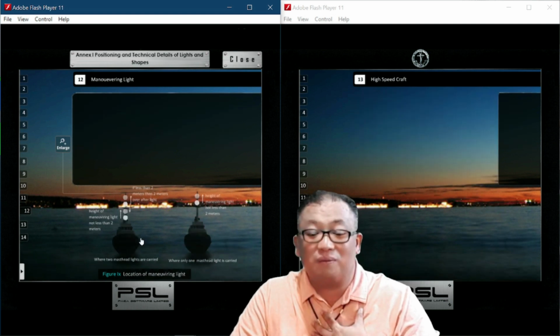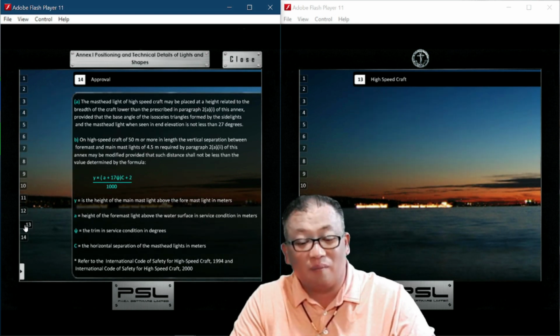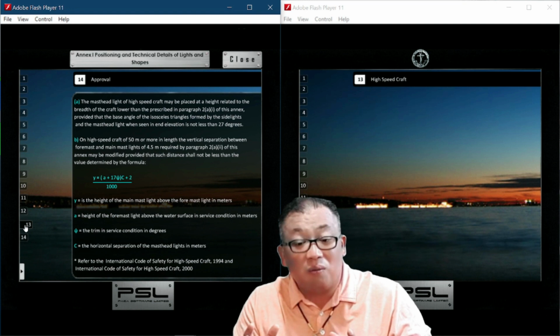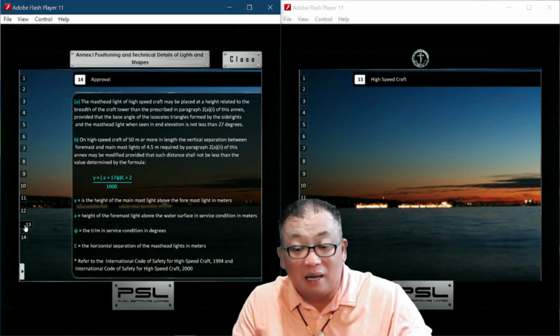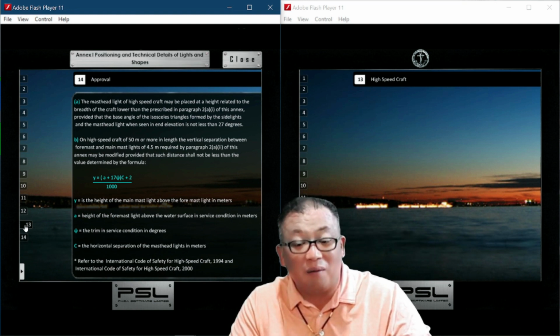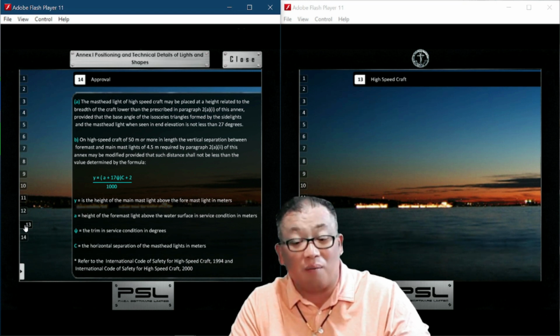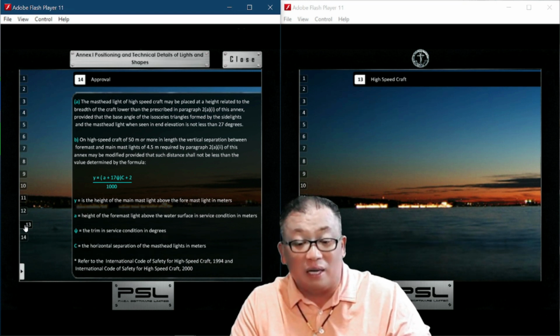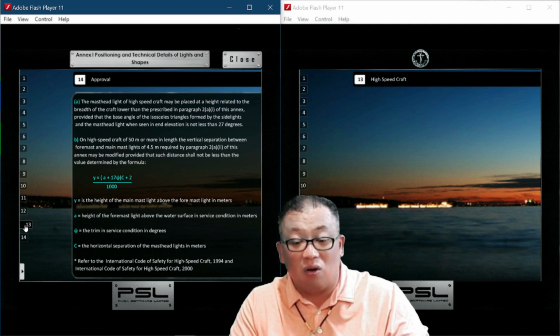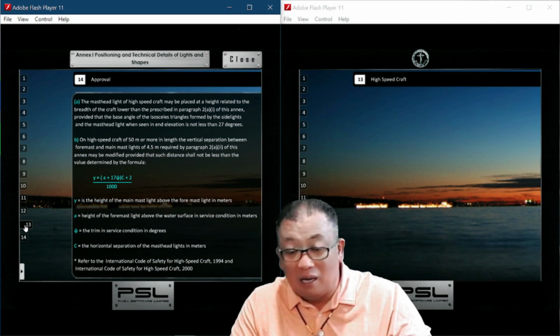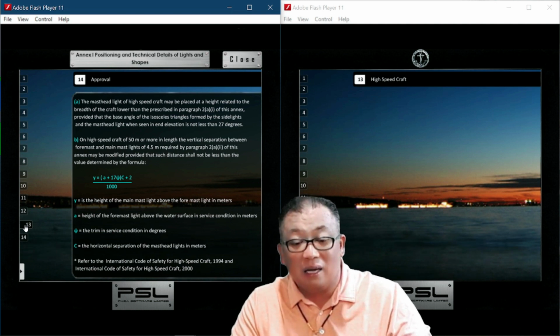Let's continue. Rule 13. The masthead light of high-speed craft may be placed at a height related to the breadth of the craft, lower than prescribed in paragraph 2(a)(i) of this annex, provided that the base angle of the isosceles triangle formed by the side lights and the masthead light when seen in elevation is not less than 27 degrees.